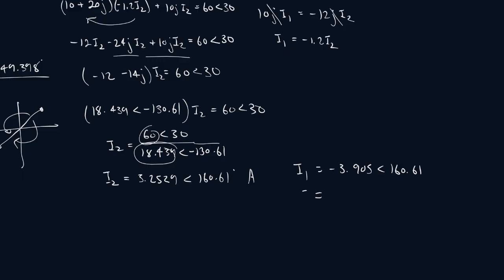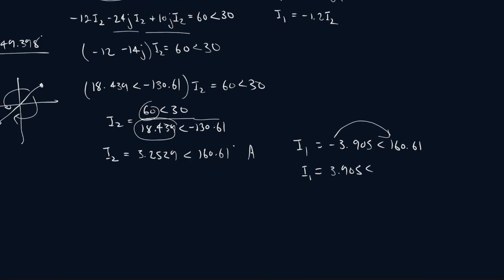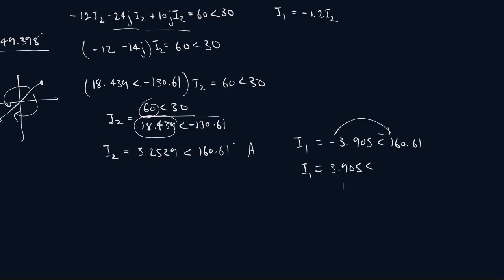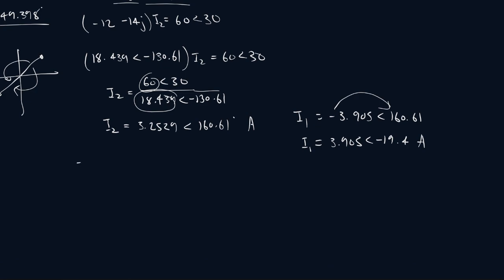And then I'm going to get rid of this negative here, and I'm going to distribute that negative into the phasor. So we have to subtract 180. So that gives you minus 19.4. This is in amperes. Now get everything in the time domain.